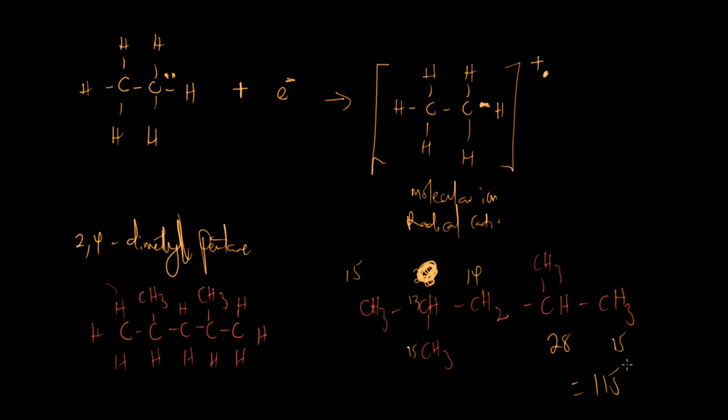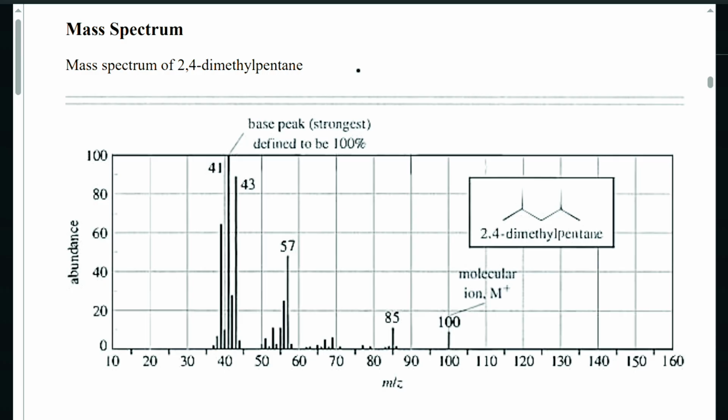So everything should give you 100 gram per mole, right? So now looking at this structure here, we therefore have that this is 100, so the molecular ion is 100, right? It's telling you that when we bombarded it with high energy electrons, it ionized an electron out, and so the molecular ion is this, right?